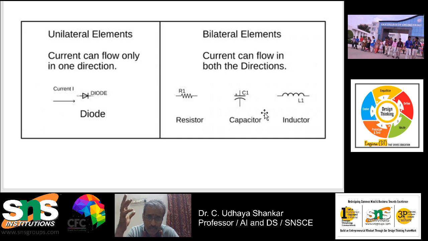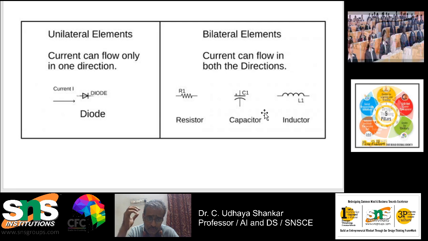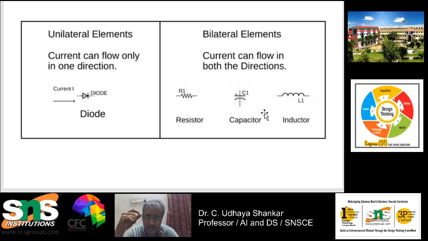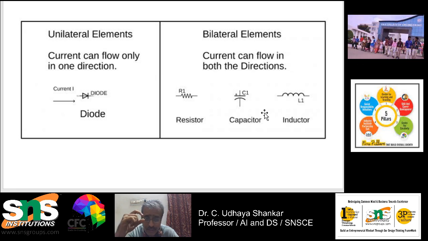So the diode is called a unilateral element: the current can flow in only one direction, from anode to cathode, whereas in the other direction it remains an open circuit, so no current will be flowing. Those elements in which the result changes with respect to the direction of current are called unilateral elements. The circuits which are built using unilateral elements are called unilateral networks.